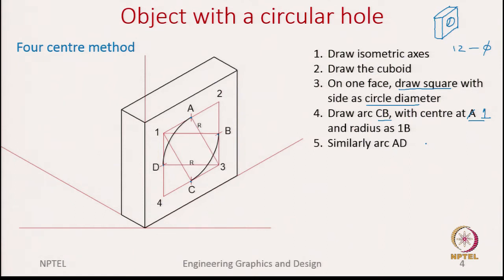Here the center will be at 3 and the radius will be the same radius 1B you can use, or just to show it here, this R we show as 3A. Okay. So, now we have completed 2 arcs, and we need 2 more arcs to complete this ellipse.